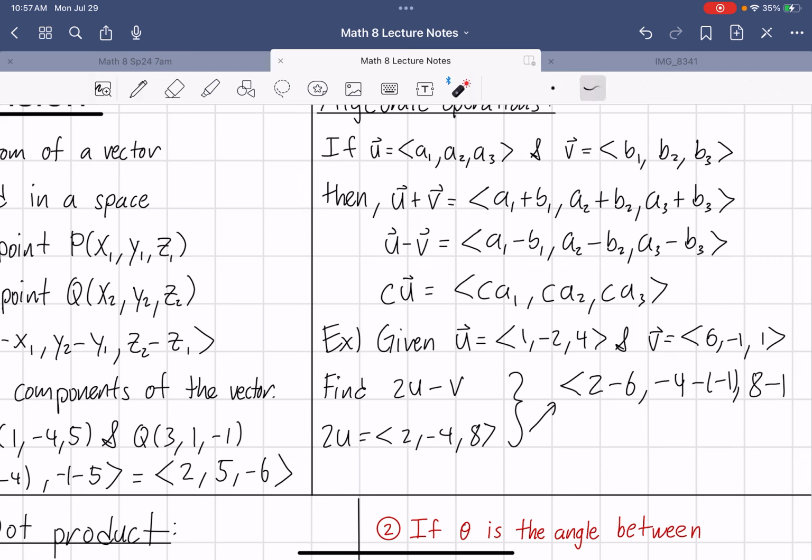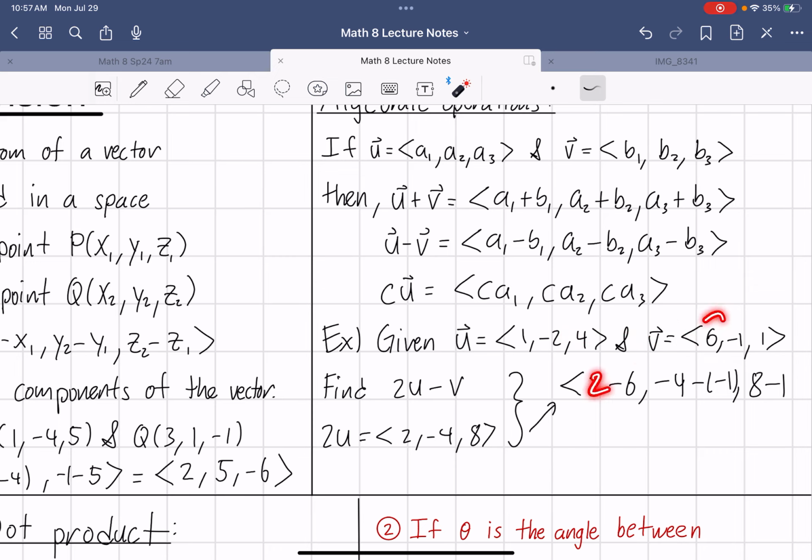Now you want to be careful. I know we might accidentally be looking here, but remember, we're doing 2u minus v. So I applied the 2 to each component of the vector. So that's what we got, 2, -4, and 8. So that's what I'm doing. And then v is subtracted from that new vector.